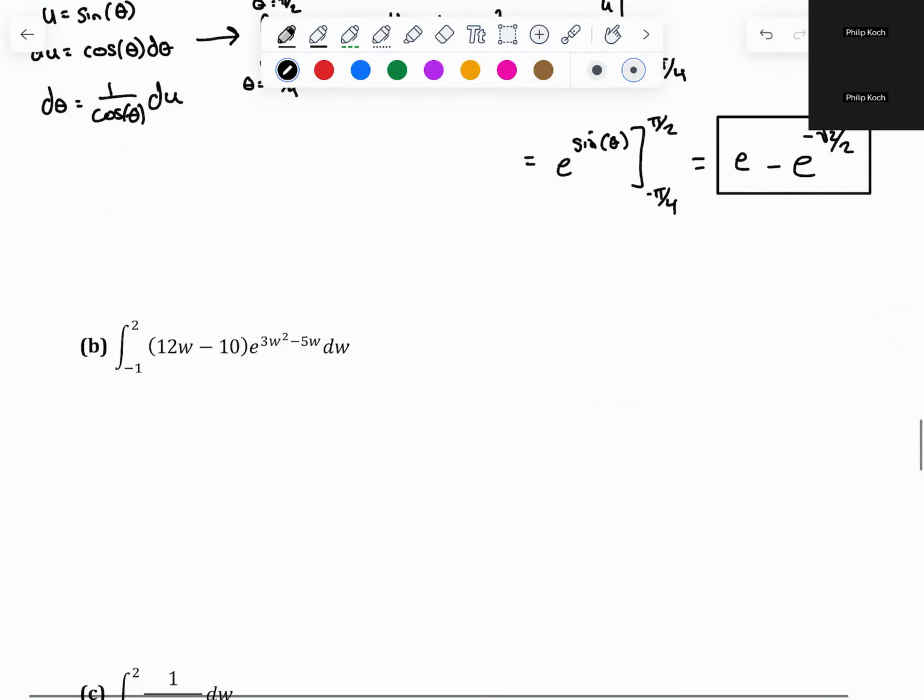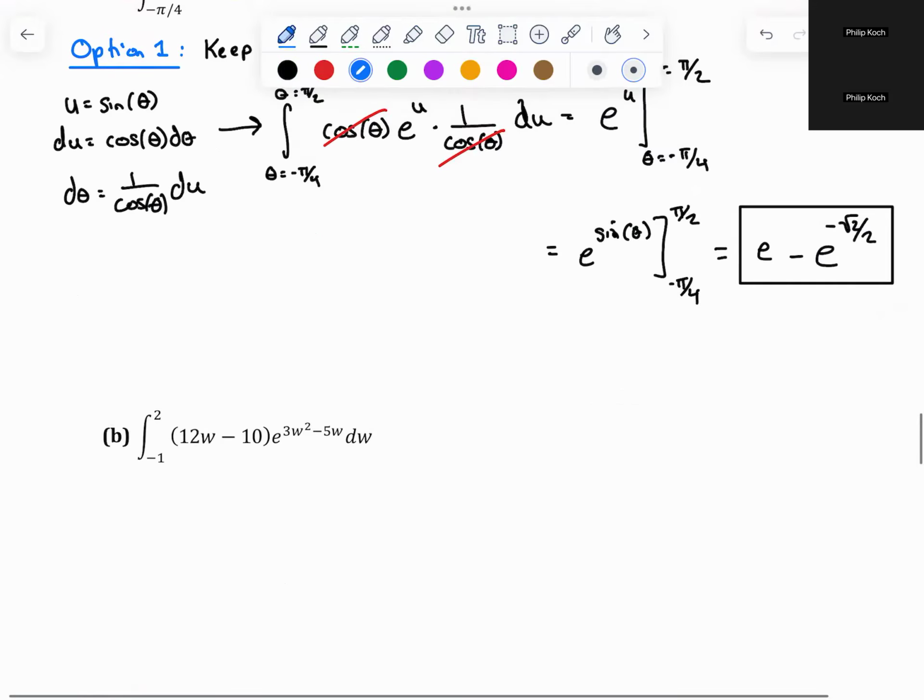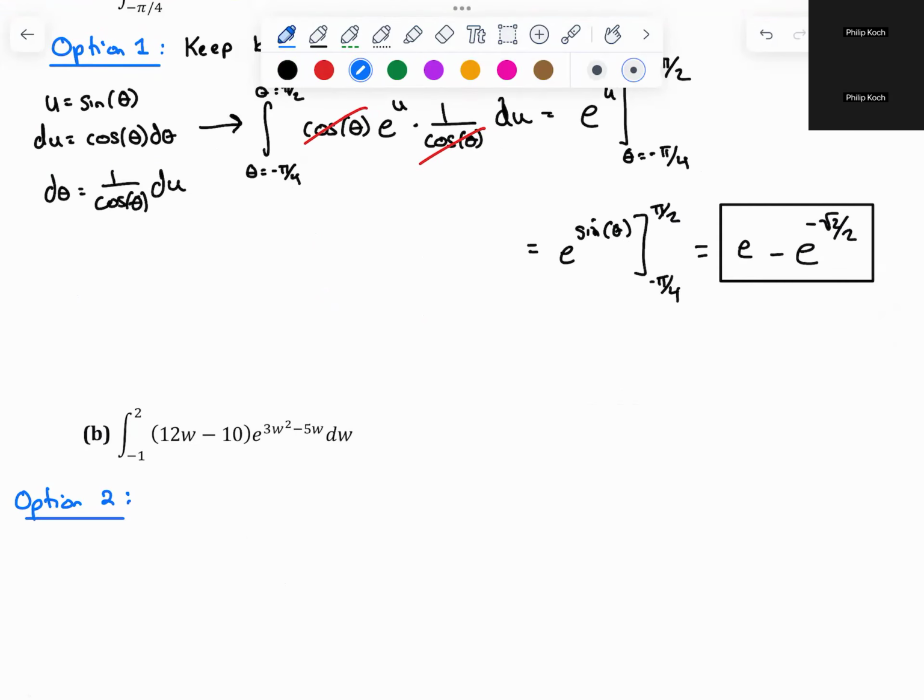Option 2 is to change the bounds. So we've got the integral from -1 to 2 of 12w minus 10 times e to the 3w squared minus 5w dw.